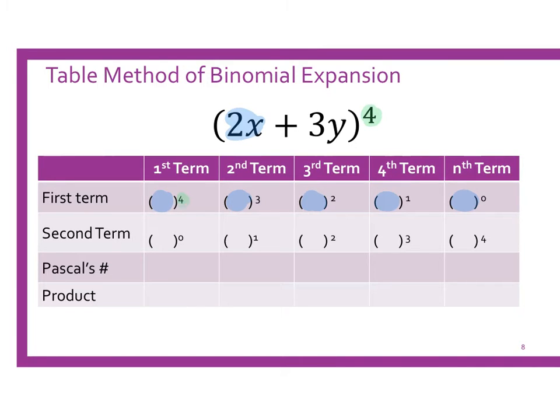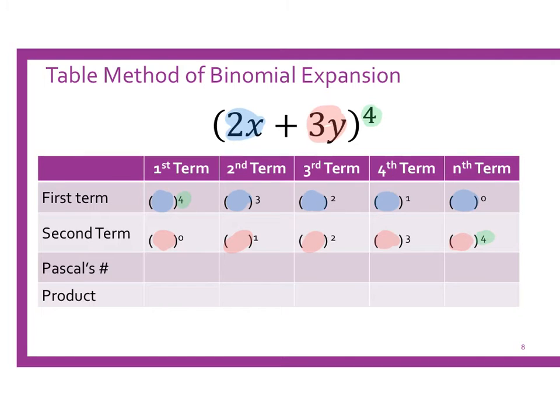So this is 4, and it counts down. On the second term, it counts up to 4. So my second term is the 3y, and it's going to go in each of these spots. And I'll write them out in a minute. Then we have Pascal's number, and I will explain that as we get to it. Okay, so let's look at this.